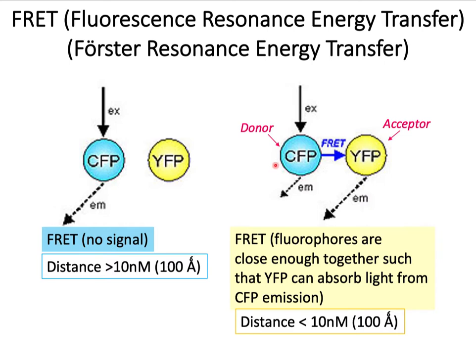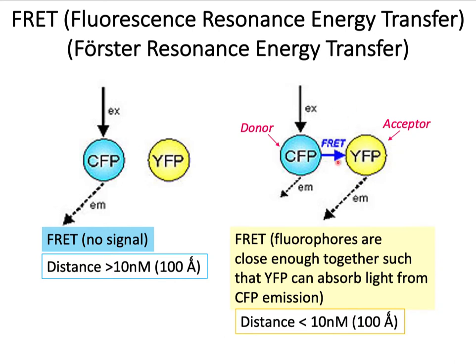On the other hand, if these two fluorophores are close to each other, say the CFP labeled protein and the YFP labeled protein are physically interacting, then the CFP is excited by its specific wavelength of light and emits light. Some of the blue light will be absorbed by the YFP.